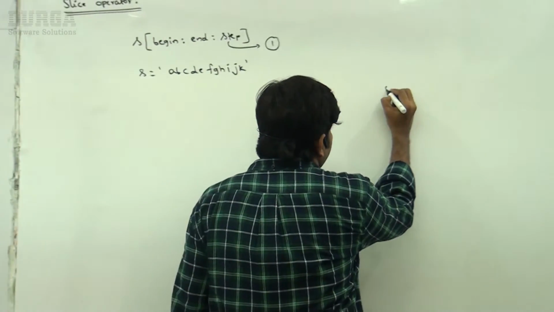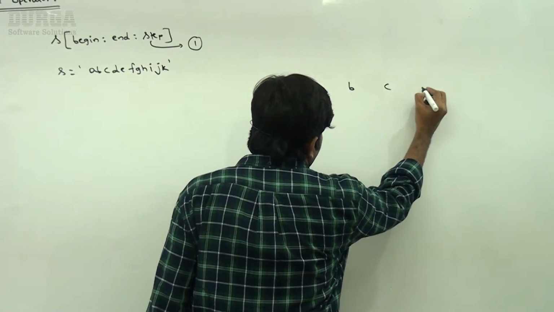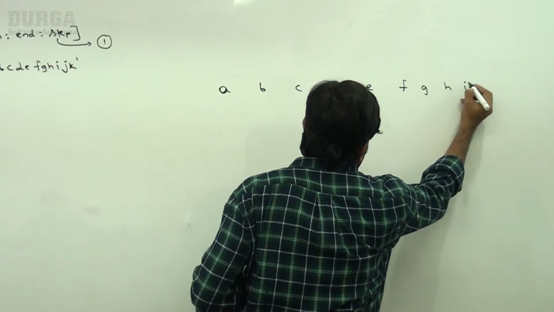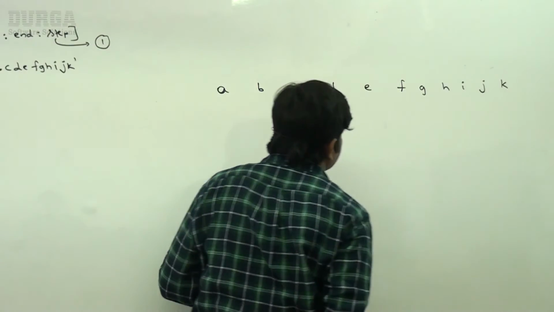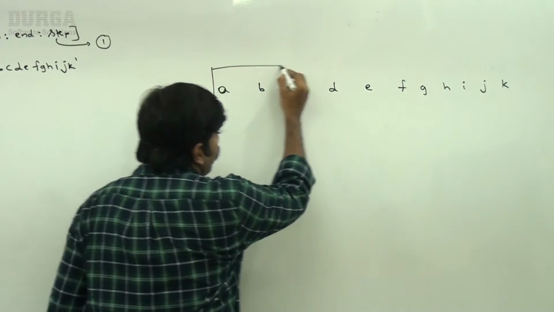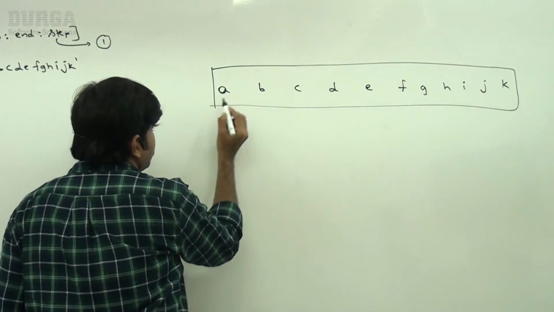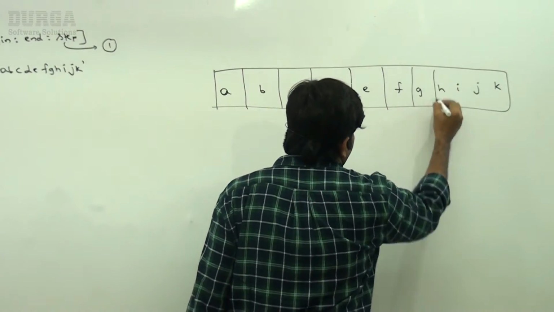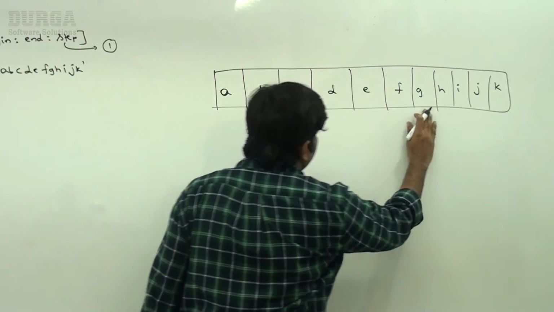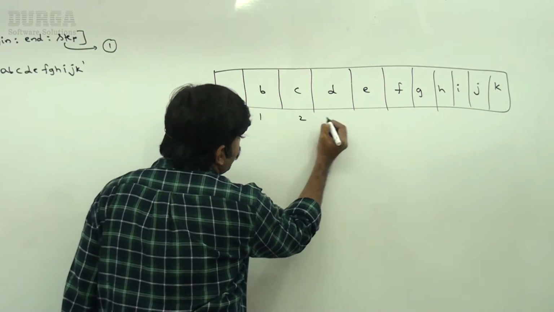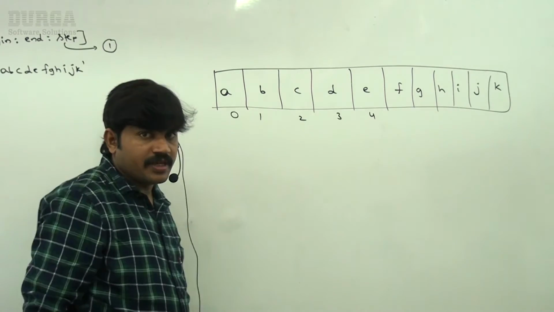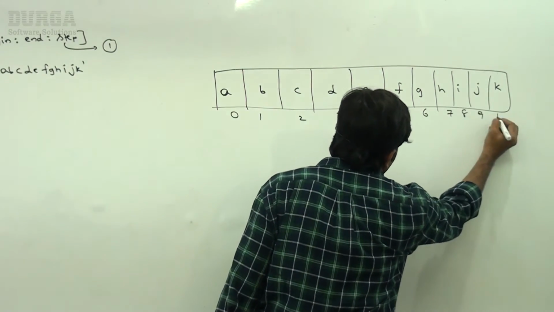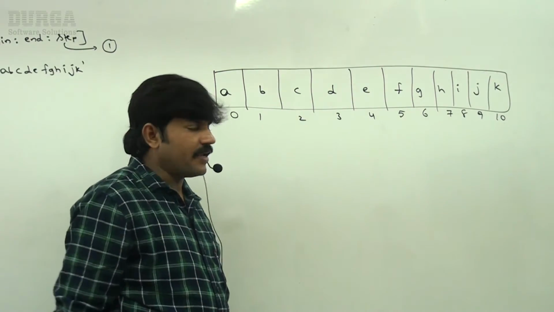Take a bit of special care. What is the index? Just observe: 0 1 2 3 4 positive index, right? 0 1 2 3 4 5 6 7 8 9 10, 0 to 10, like this.